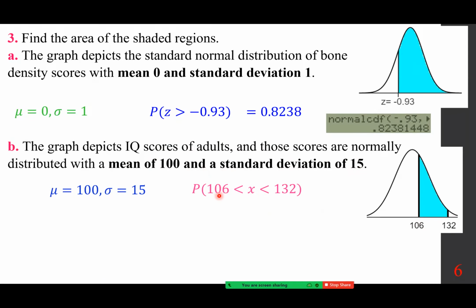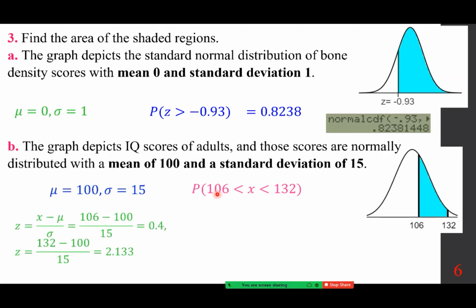So in this case, we have 106 minus mu, which is 100, over sigma, which is 15. In this case, we have 132 minus 100 over 15. So we want to calculate the z-score corresponding to 106, gives you 0.4, and corresponding to 132 gives you 2.133.